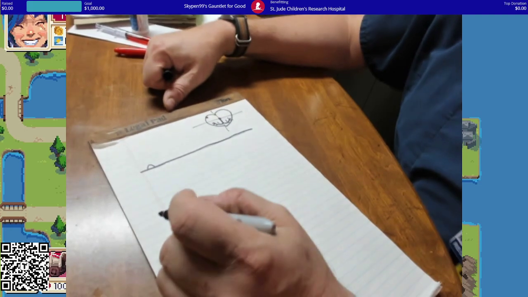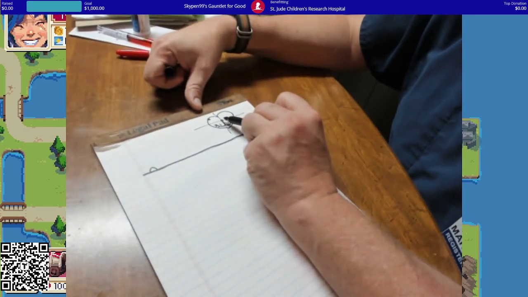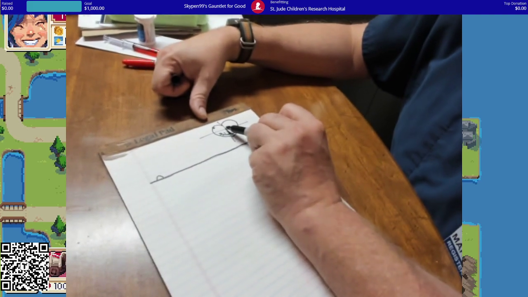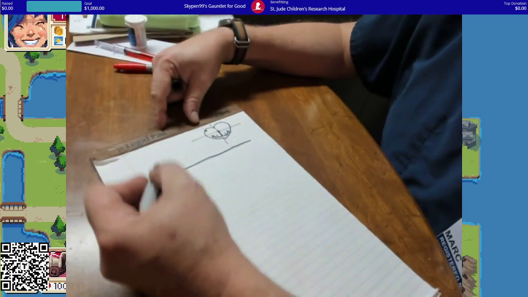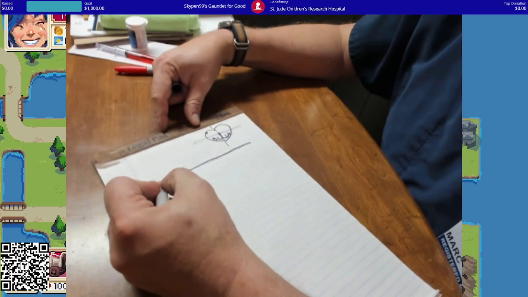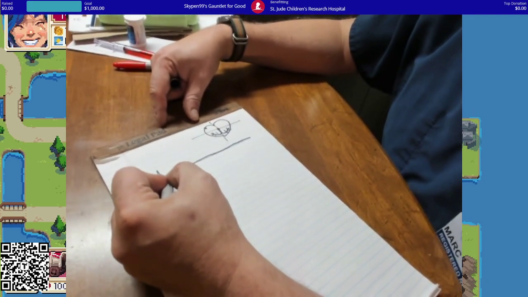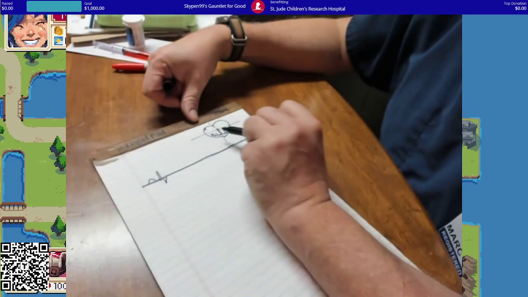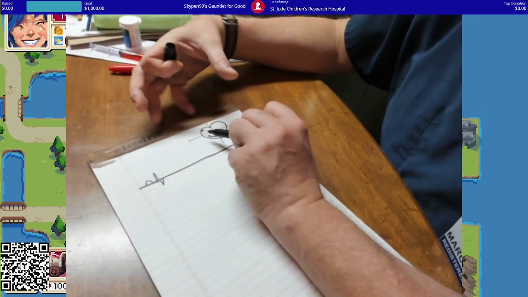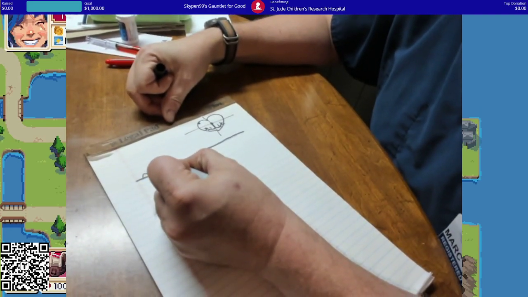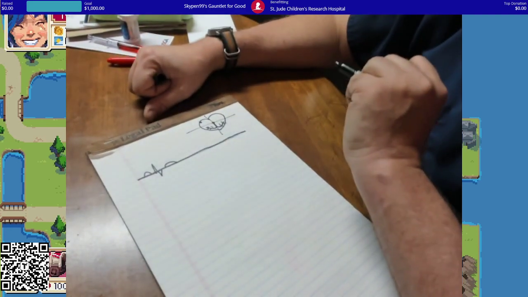Then when the electrical current gets from the SA node to the AV node, and then it quickly disperses, you get the QRS complex. And then what you see is the ventricles resetting, which is your T wave.